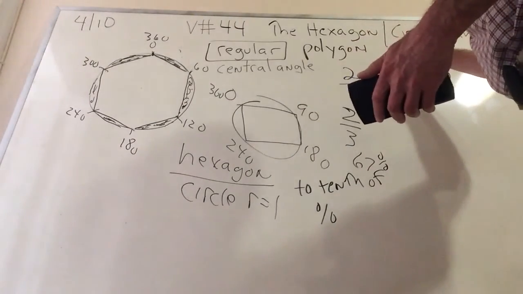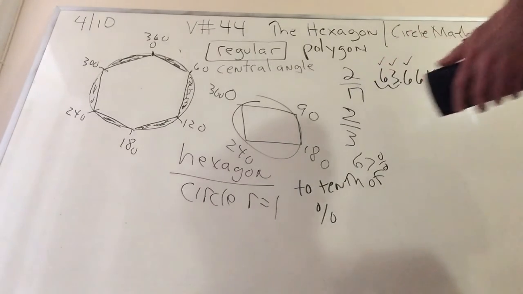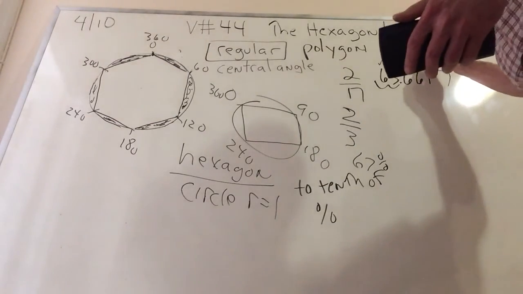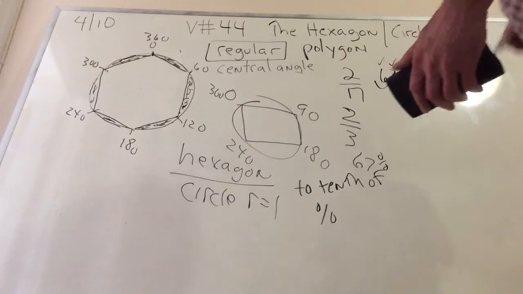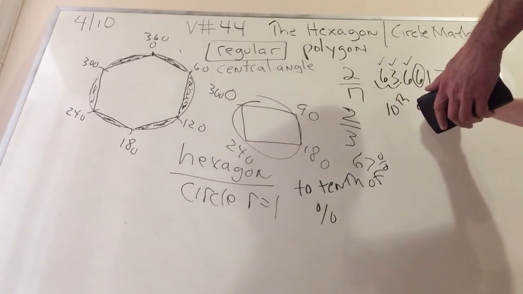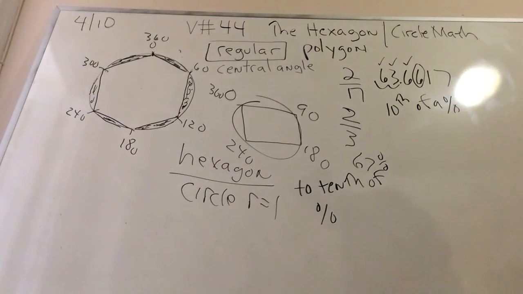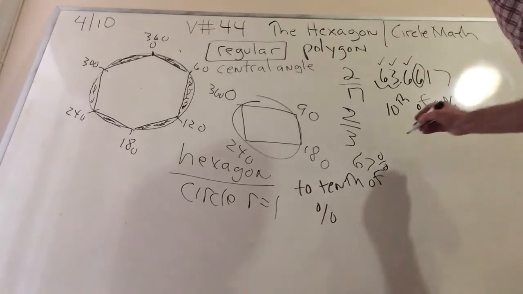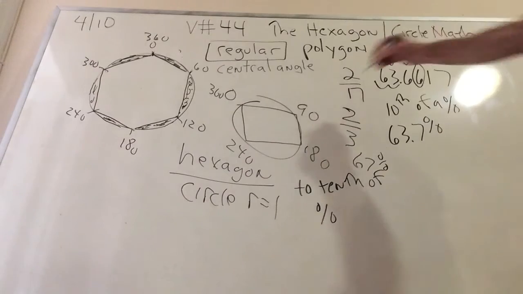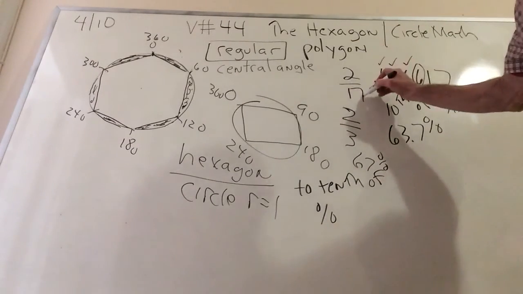Then this is tenths, hundredths, thousandths. We turn it into a percent, which by definition means hundredths. Go one place to the right, to the thousandth, which we call a tenth of a percent. Really important ideas that if you don't know them, you should be learning them. And I would come up with 63.7%. So 2 divided by pi, that is, what is the ratio of 2 to pi?